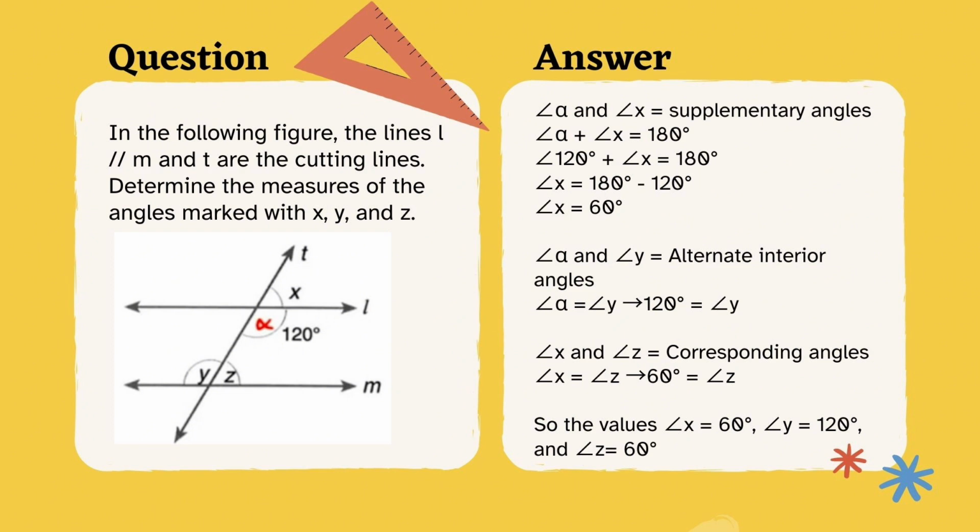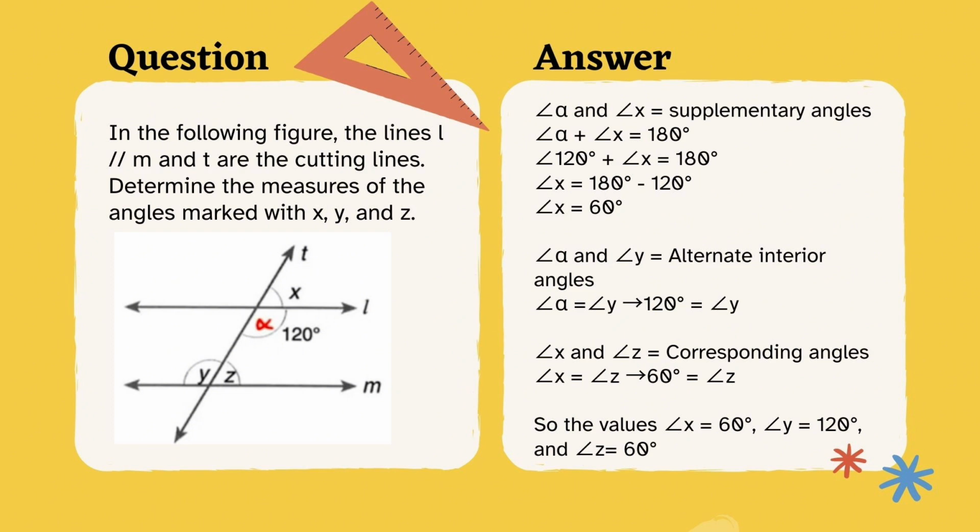So we get angle alpha plus x equals 180 degrees, with alpha being 120 degrees, so 120 degrees plus x equals 180 degrees. So x equals 180 degrees minus 120 degrees.